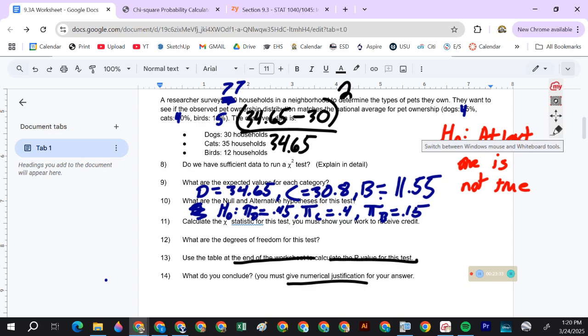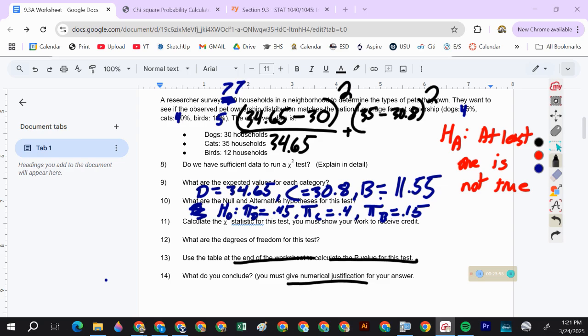Okay. So what's the next term going to be? Plus, help me out. 12 will be the last one. So 35 minus 30.8 squared over 30.8.